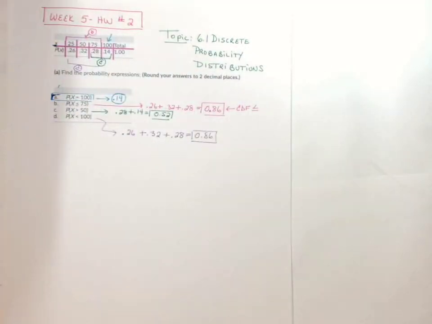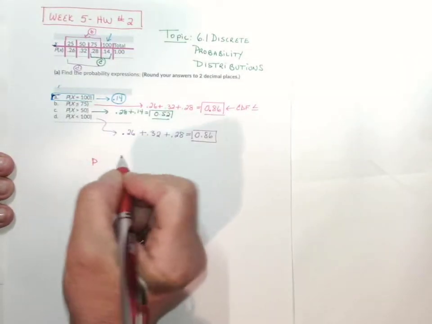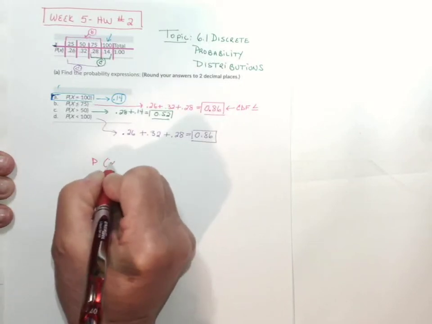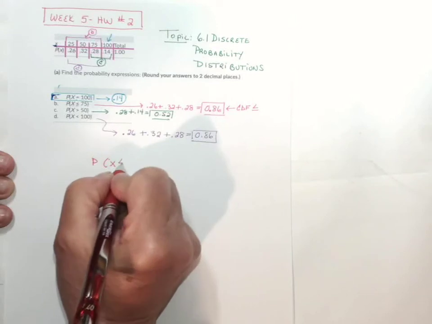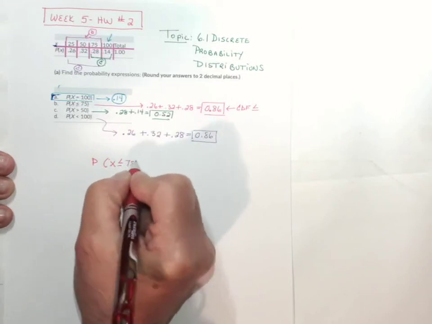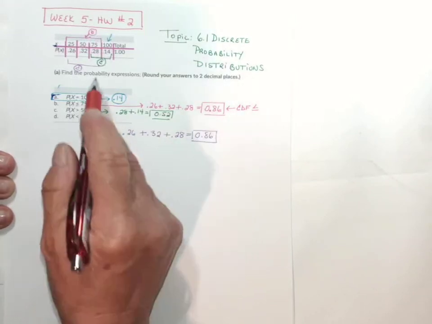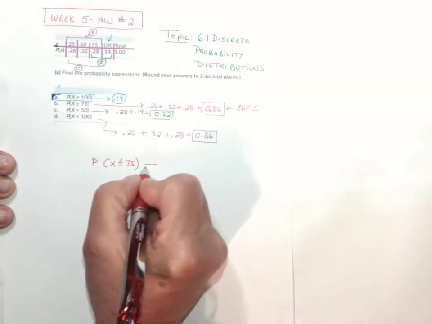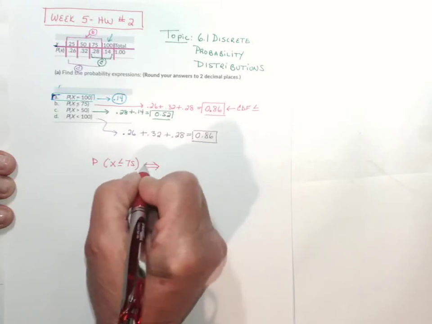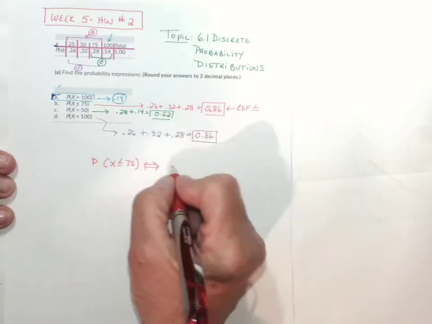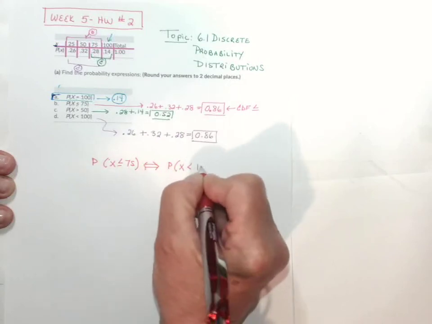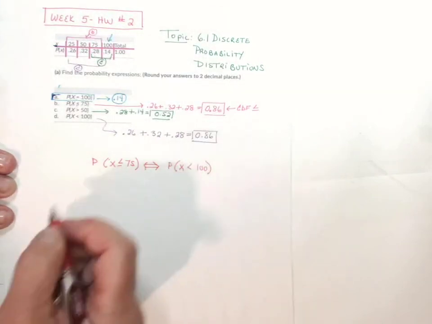And what I'd like to do is point out that the probability that x is less than or equal to 75, so that means it includes the 75, that is equal to, and it can go either way, the probability that x is less than 100.